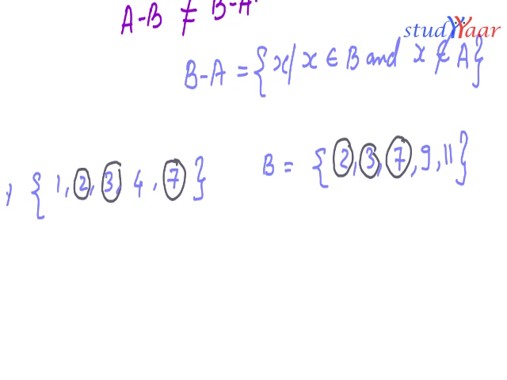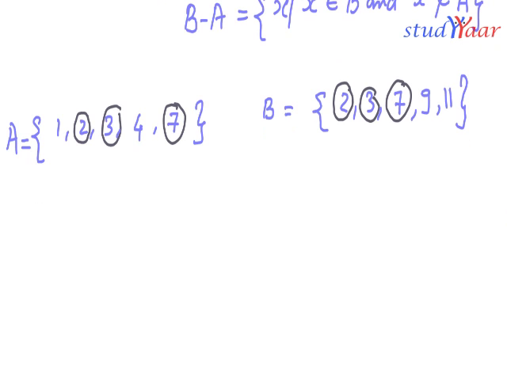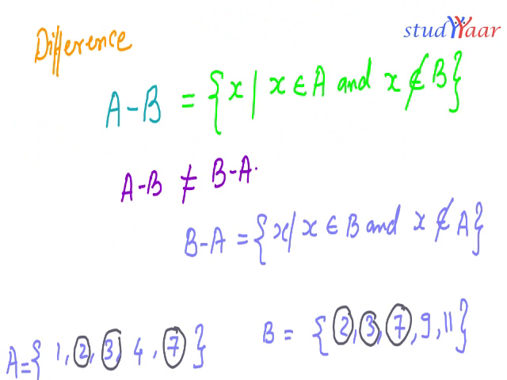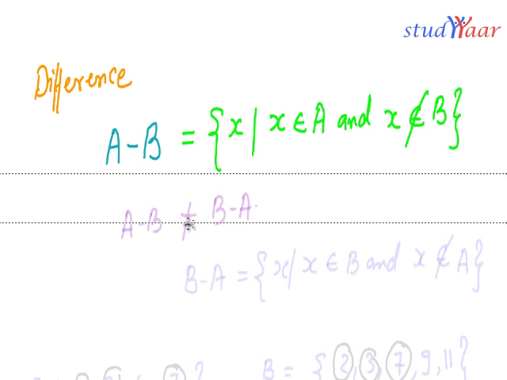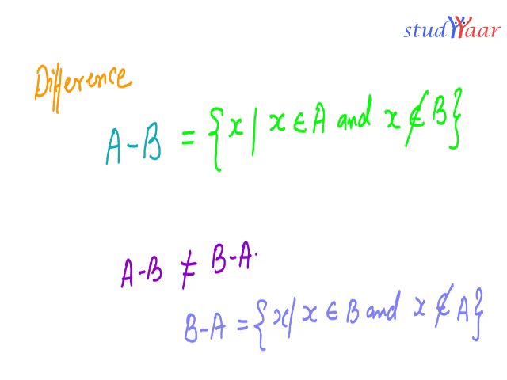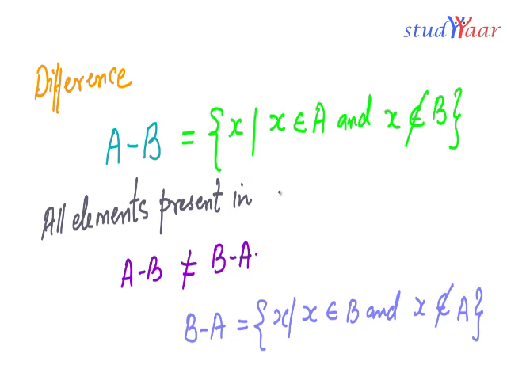Over here, this is my A and this is my B. I want to find out what is A minus B. My A minus B is all elements which are in A but not in B. Let me also write it in words. The difference is all elements present in A but not in B.